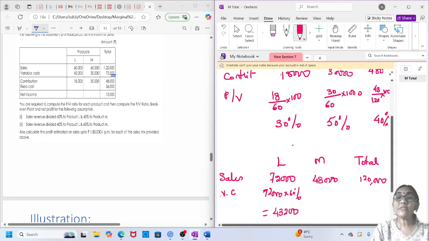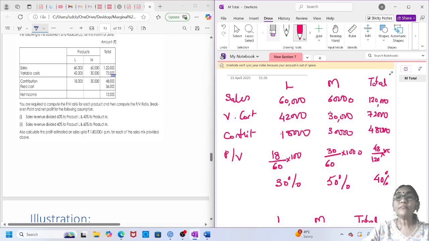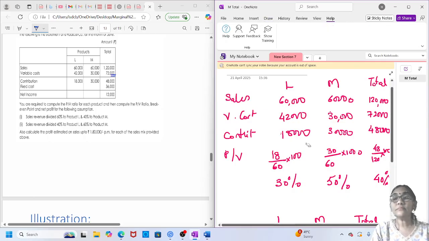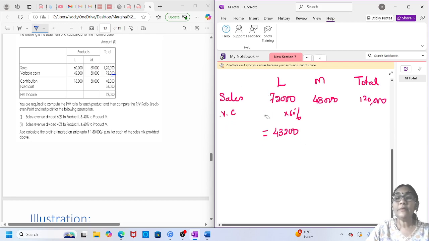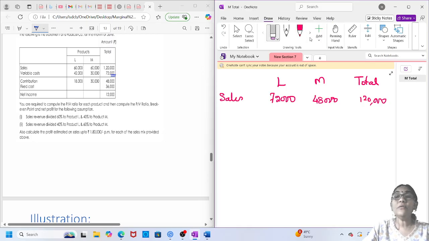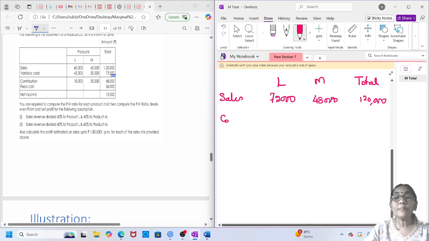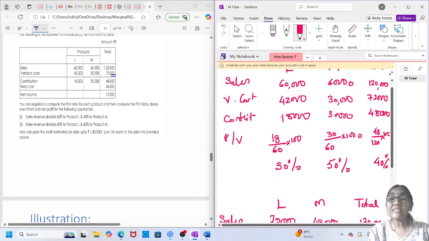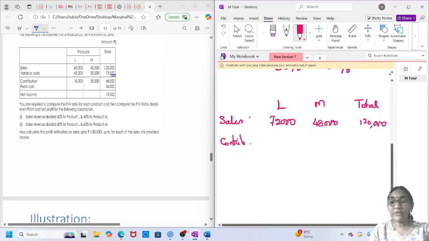Or else we can do, what is the percentage? Sorry, my bad. So what I'm going to do is directly calculate the contribution here. Now in the earlier scenario, we had seen the contribution. How much was the contribution for L? It is 30%. So 72,000 into 30% will give you the contribution, which is 21,600.